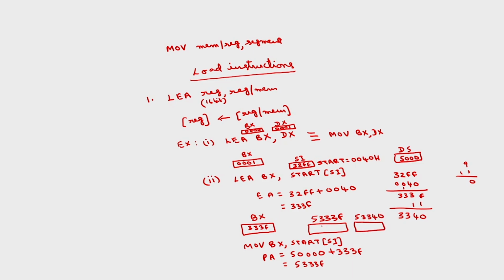If the contents of the first location is FF and the next is EE, then after the execution, BX will be loaded with the contents of the physical address. It will read a word: from 5333F, FF will be loaded into the lower order register and EE into the higher order register. Now, I think you understand the difference between MOV BX comma start SI and LEA BX comma start SI.